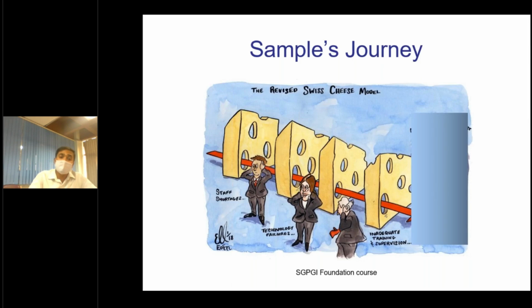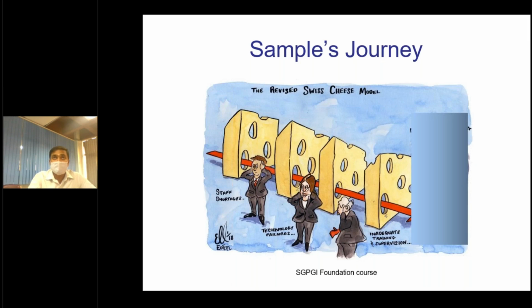The sample journey begins from the time you conceive what investigations you want to raise for a patient, and then the sample collection. It goes through many channels, comes to a laboratory, from the staff to technologists, even the machines, and then finally validation by the clinicians and pathologists, and then it is released.